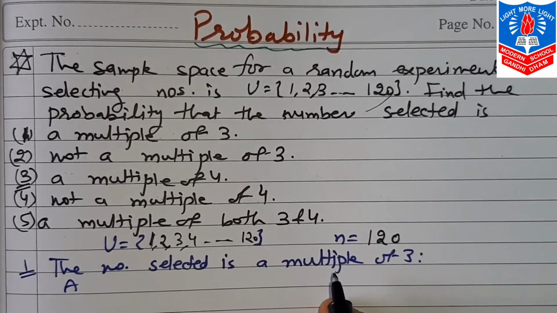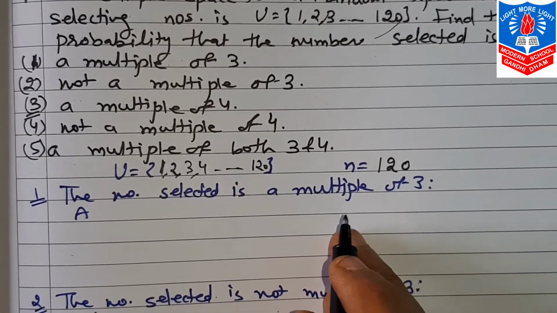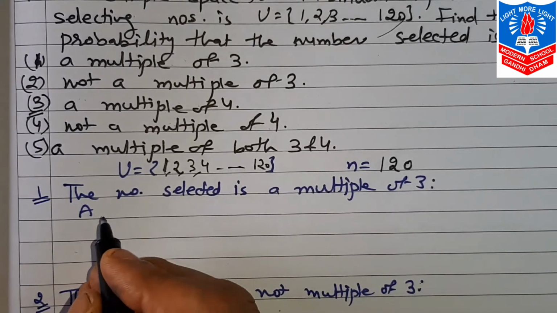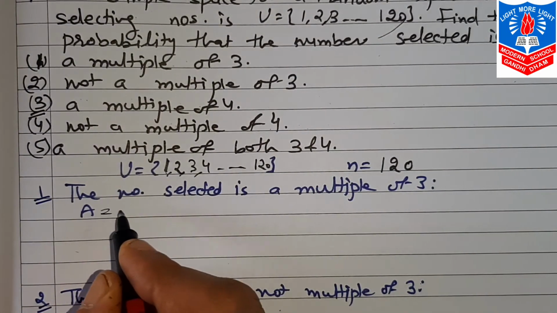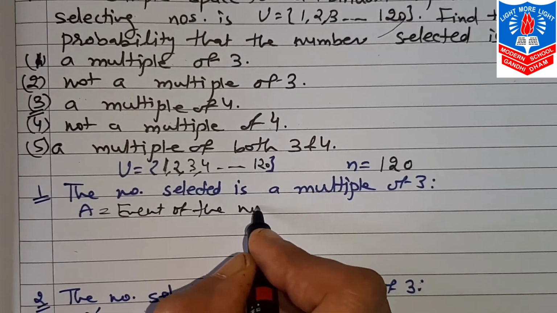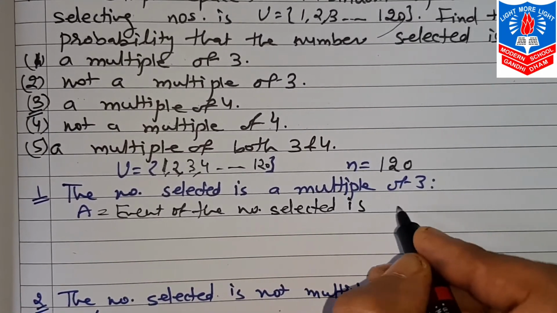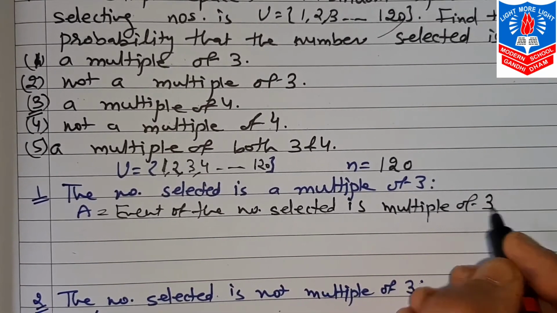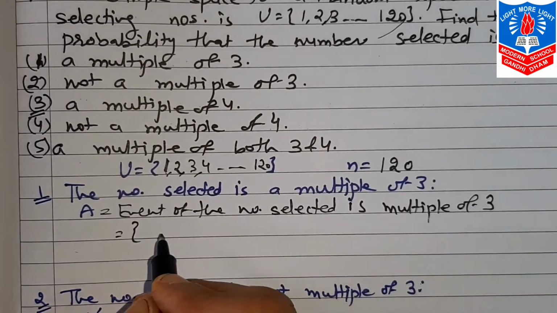Now come to the first question, that is the number selected is a multiple of 3. We assume that event A is the event that the number selected is a multiple of 3. Which numbers will these be?